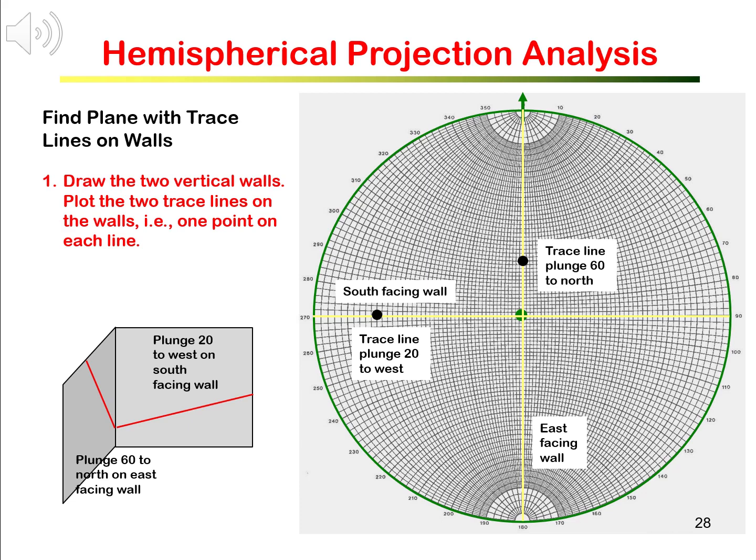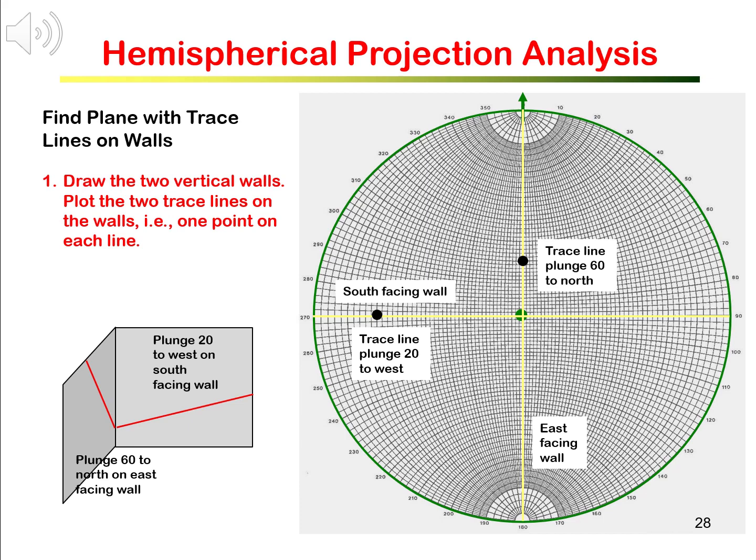The south-facing vertical wall is the horizontal diametrical yellow line running east-west. The east-facing vertical wall is the vertical diametrical yellow line running north-south.